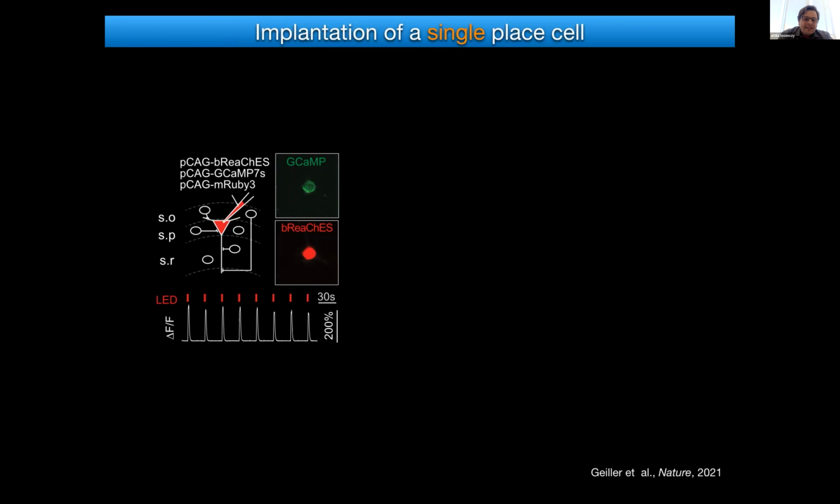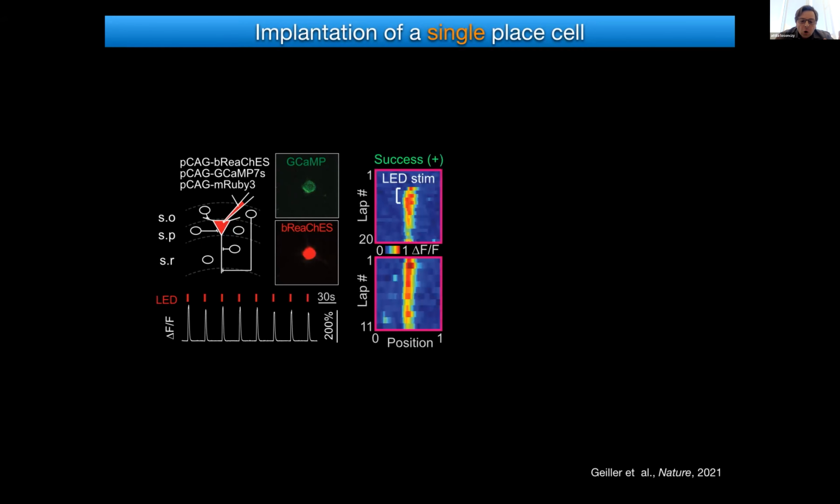Next he delivered this repeated photostimulation at an arbitrarily chosen location for a few laps. And as you can see here in a subset of sessions, photostimulation induced a place field that persisted even a few hours after 1 hour in a home cage, in the next session, which we call the post session.